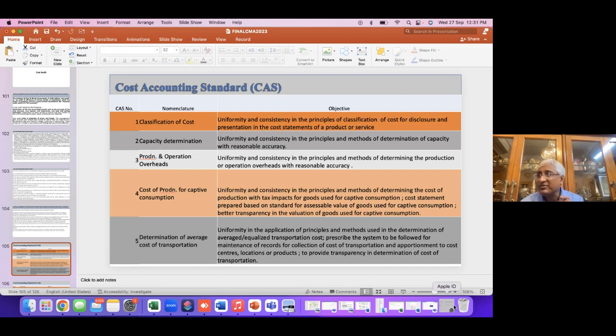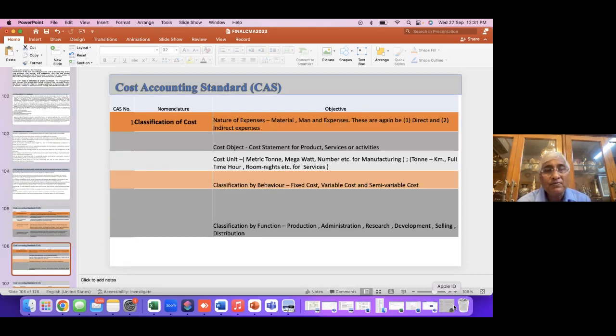The language may be something here and there, but the basic objective remains the same, that your result or your analysis leads to a reasonably accurate picture.